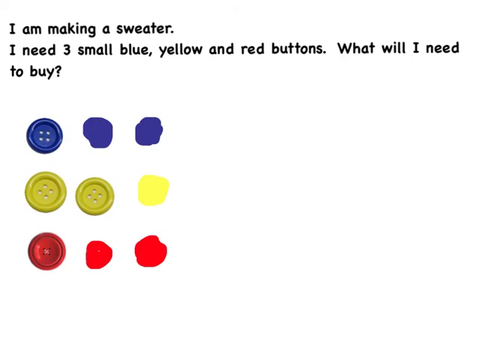And now you're ready to do some sorting. So use your thinking and your logic and see if you can take a group of objects and sort it by at least 2 or 3, maybe 4 characteristics. And can you think of a real life situation where you would need to sort? Have fun.